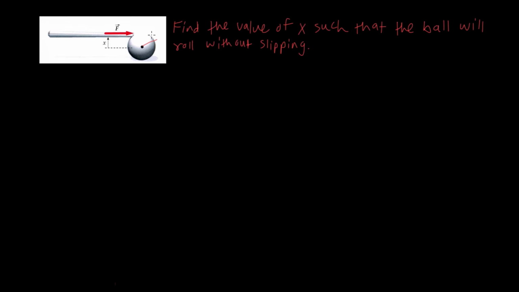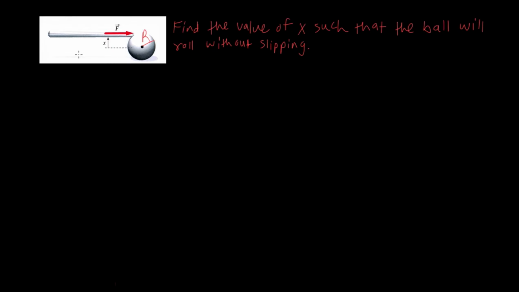And let's say that the radius of the ball is given by the variable capital R. We want to write the value of x in terms of the radius of the ball and in terms of other given constants.